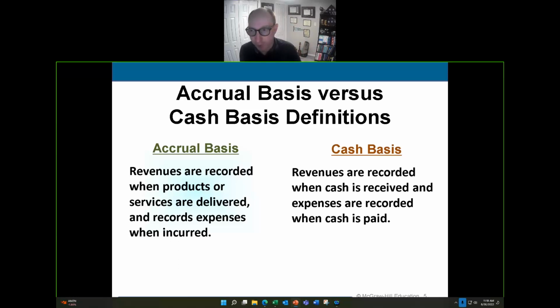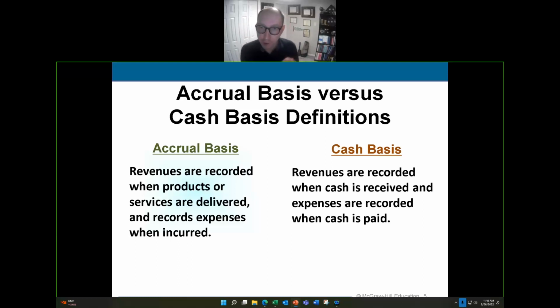And the reason for that is because under US GAAP, the generally accepted accounting principles that we talked about last week, are required for companies that report their financial statements to the IRS, which they have to every year. So, having said that, accrual base is always preferred.